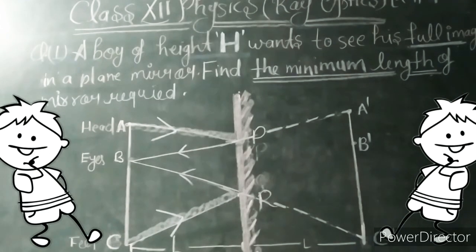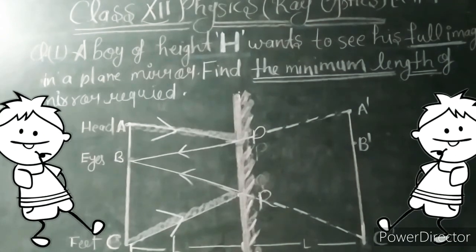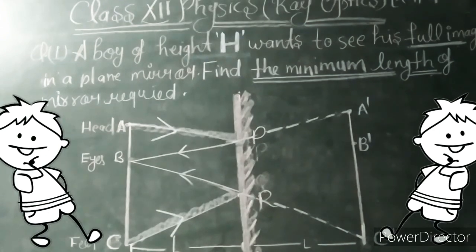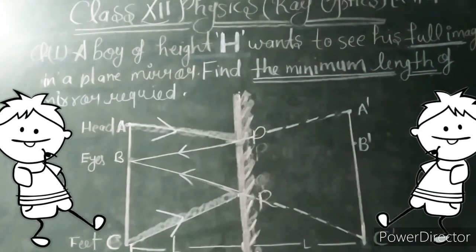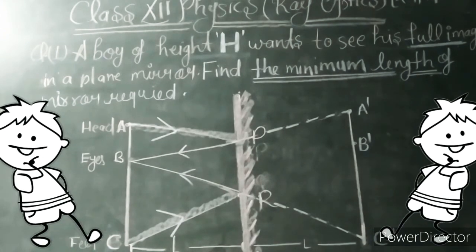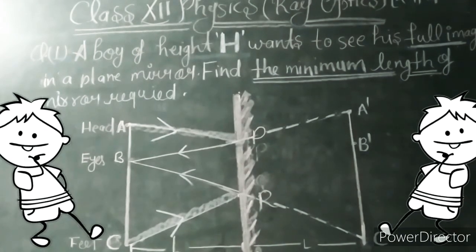Point A dash is virtual, as these rays do not actually meet but appear to meet when produced backward. The boy sees the image in the plane mirror, and he will get the image between mirror portion P to R and the image A dash to C dash.